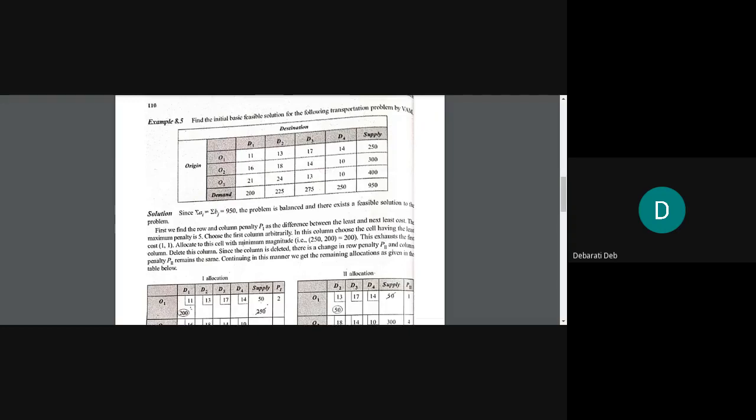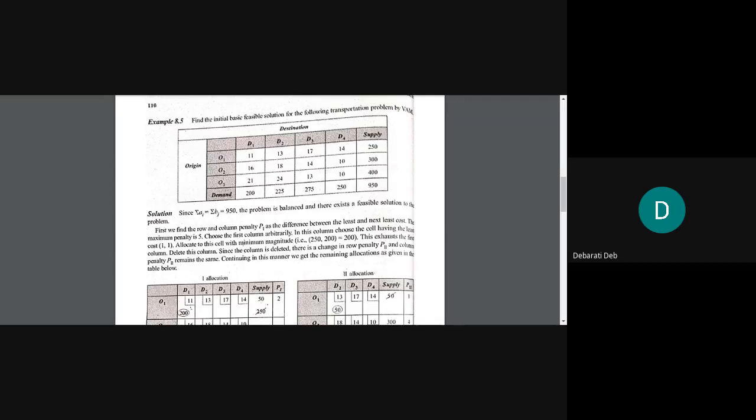Now, when you receive a transportation problem, we all know by now that the very first step in transportation problem is to see whether the problem is a balanced one or not, and whether there exists a feasible solution or not to the problem. So in this sum, you can see both the sides are giving you a total of 950. So that means the total of demand side and the total of supply side is same. That's why the problem is a balanced one.